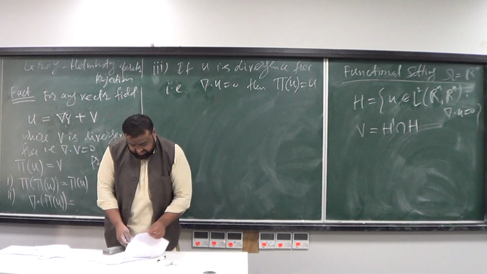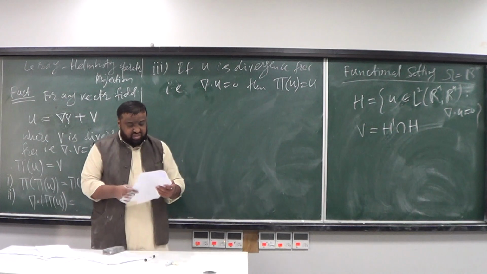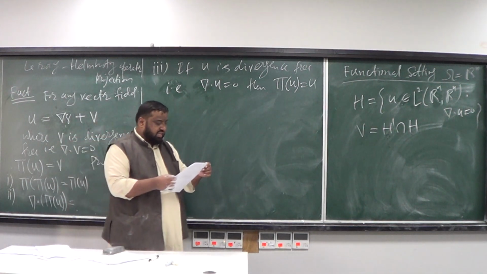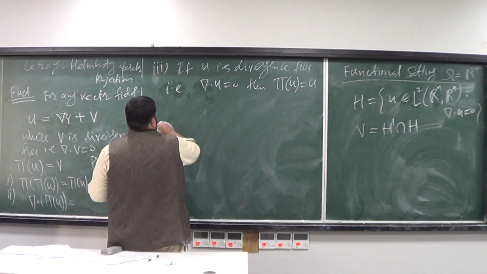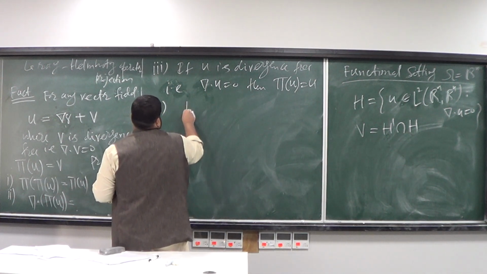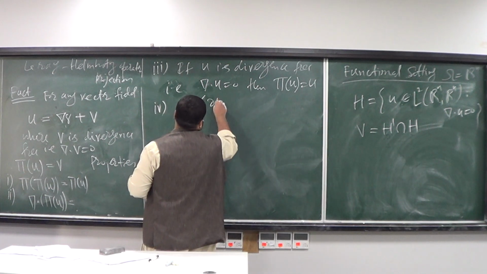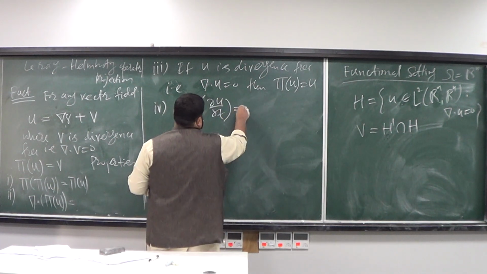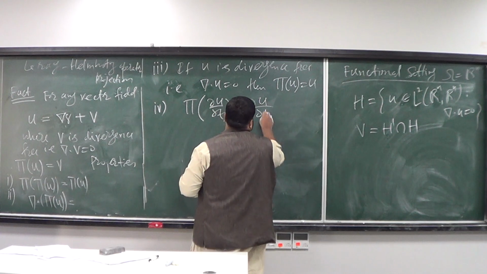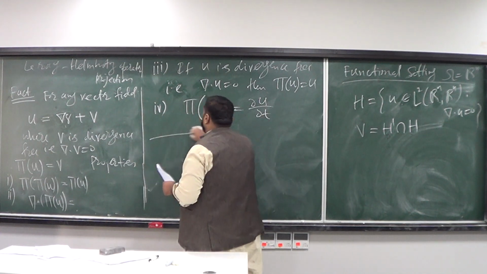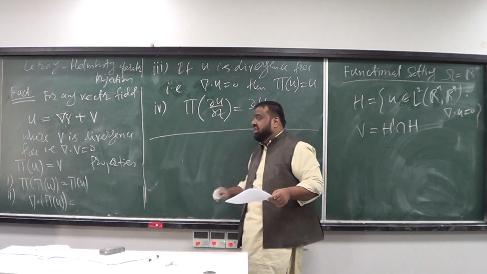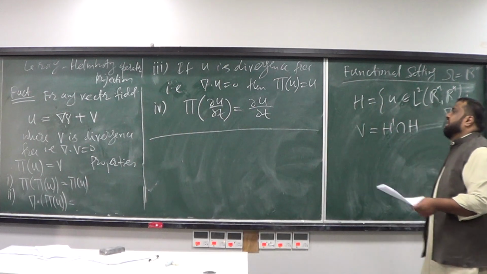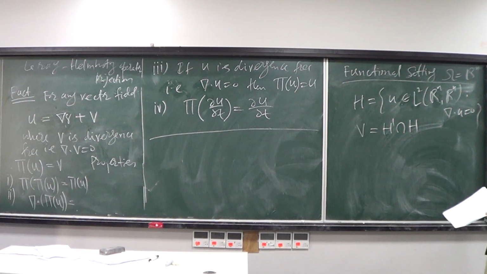And another small thing that I must add, the fourth one, is that pi operated onto partial U by partial T is going to give you back partial U by partial T. Okay, so treat all this portion as facts, which require a fair amount of time if you want to get into the detail.